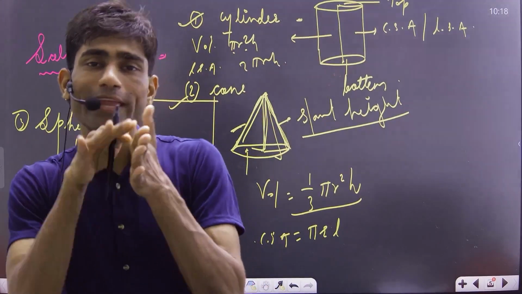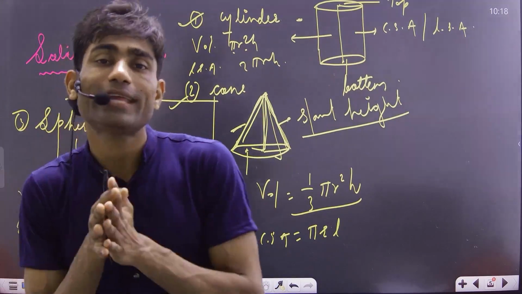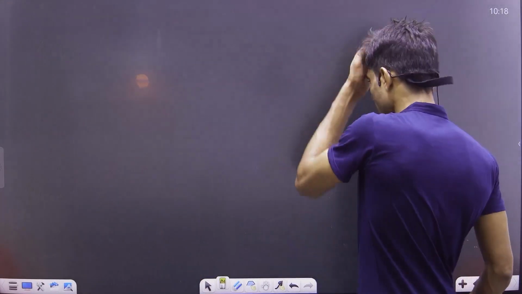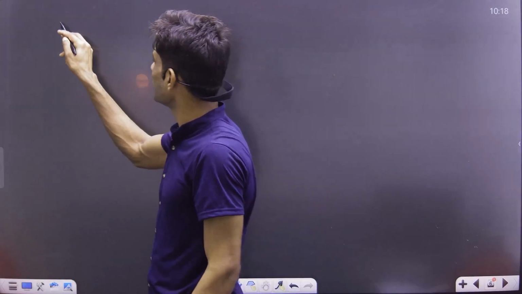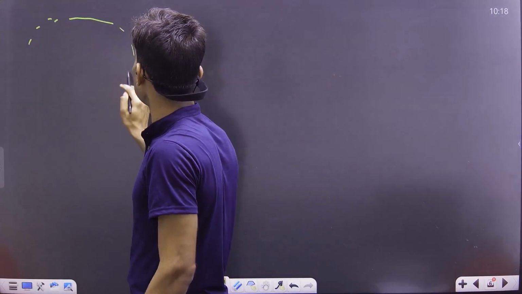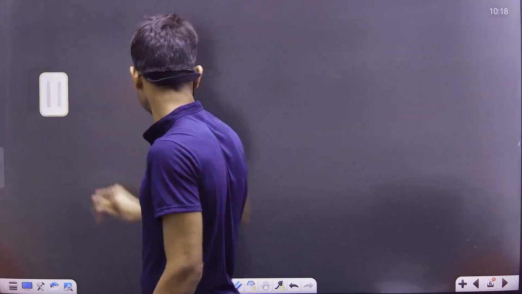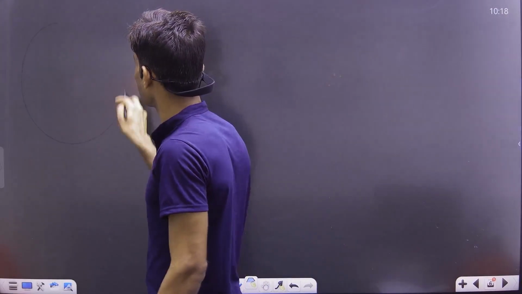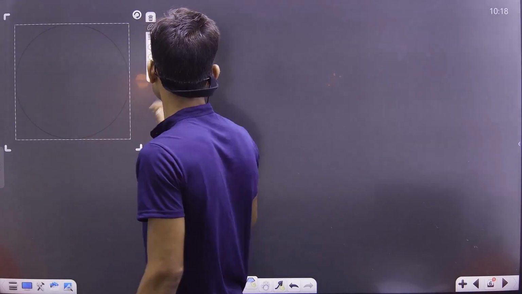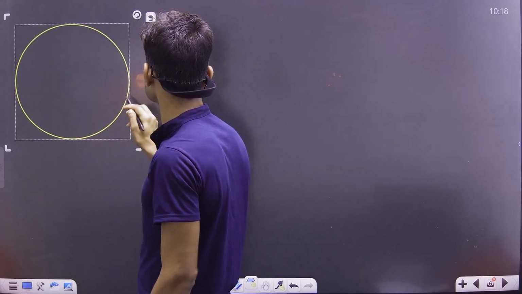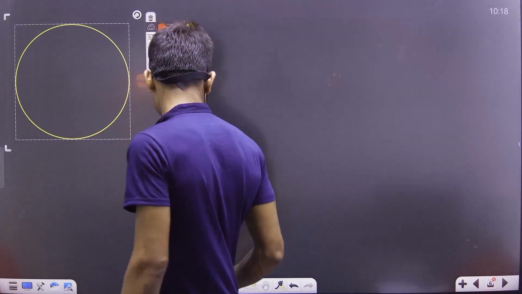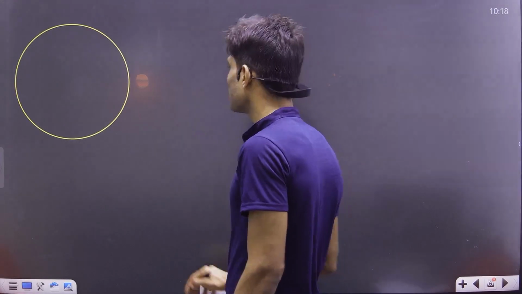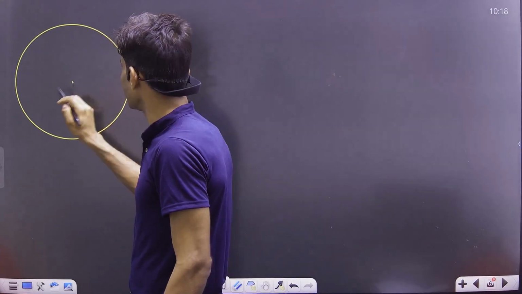After sphere, we have to go for the hemisphere. So what actually is meant by hemisphere? Let me draw a figure, as we have this here. Now we can see we have a sphere here. This one is the center.